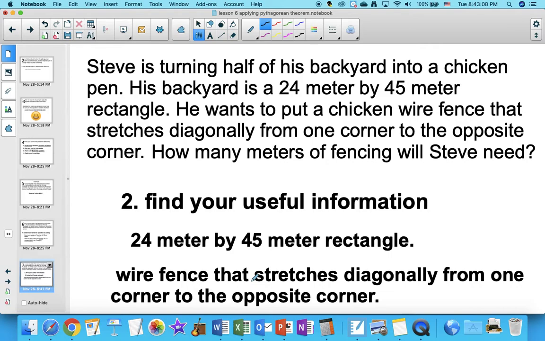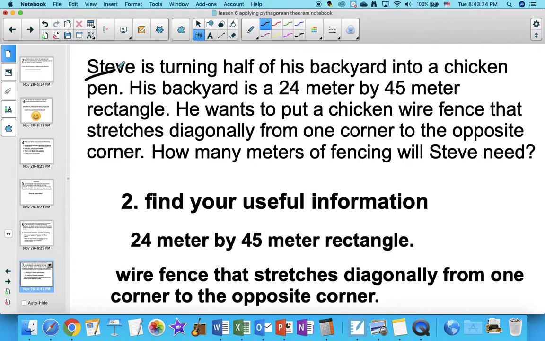How many meters of fencing does he need? Well, the useful information here is we have a 24 meter by 45 meter rectangle, and the wire fence stretches diagonally from one corner to the other corner. This is all the useful information we need, and it's significantly smaller than the actual question.